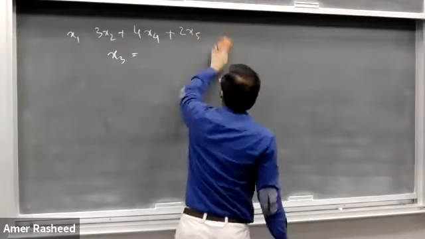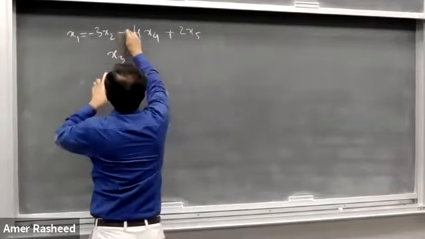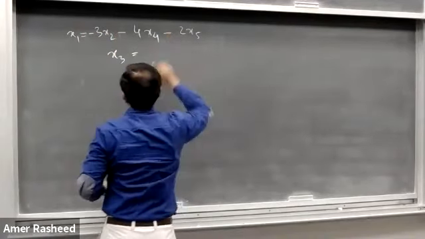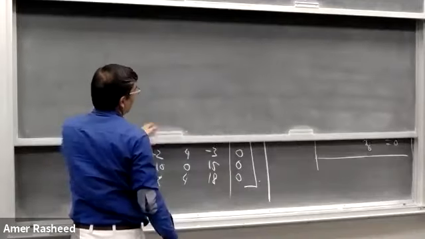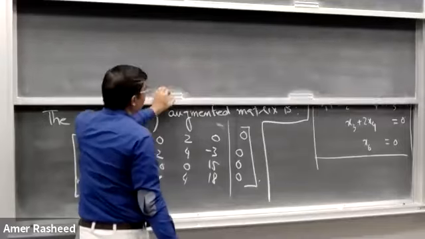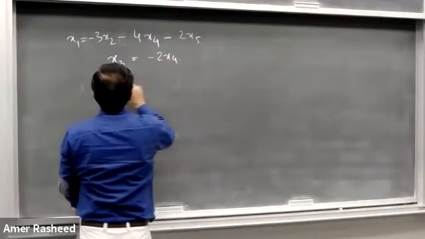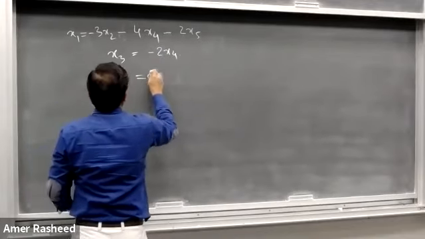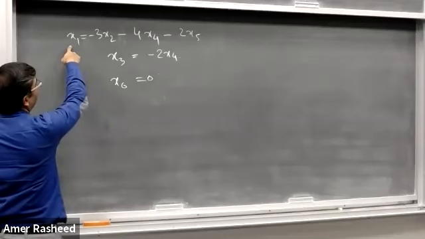So x1 is equal to negative this, and negative this. And what will the value of x3 be? Negative 2x4. And then the value of x6 is 0.